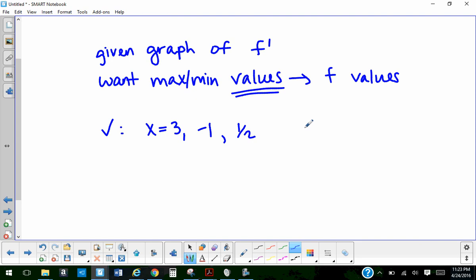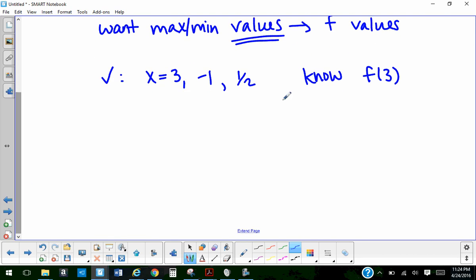Say that you have to know one value to start with. So say you do know one of them. Say they came out and told you what f of 3 was for some reason. Well, okay, so then if I already know that, then if I need to check f of 3, I could just put what it is because it was given.